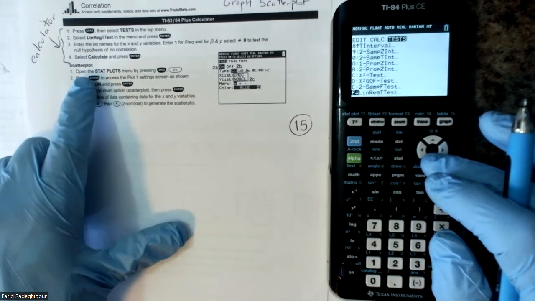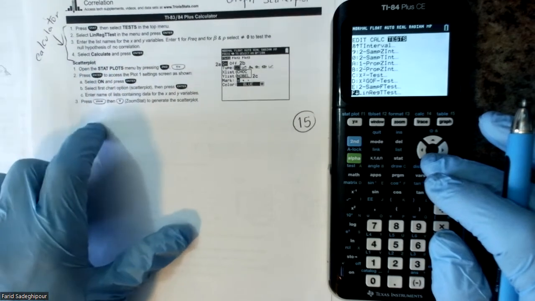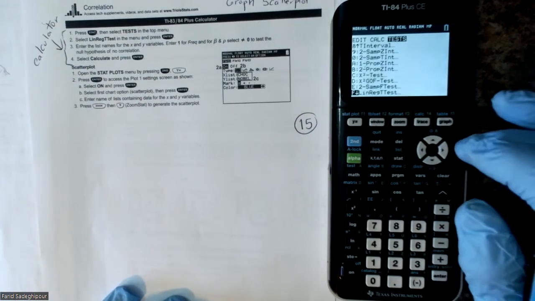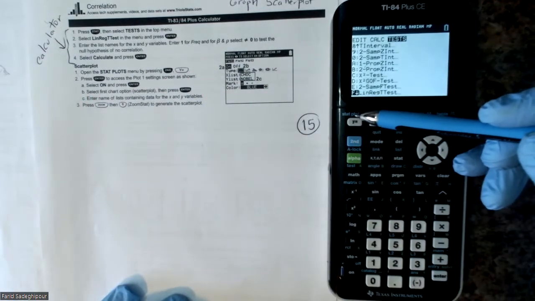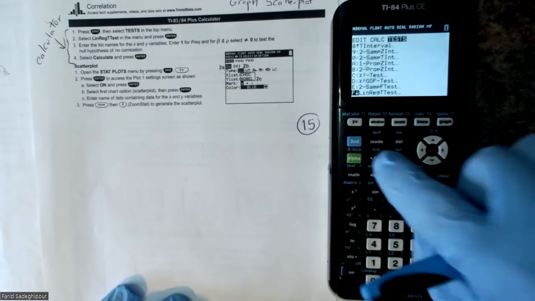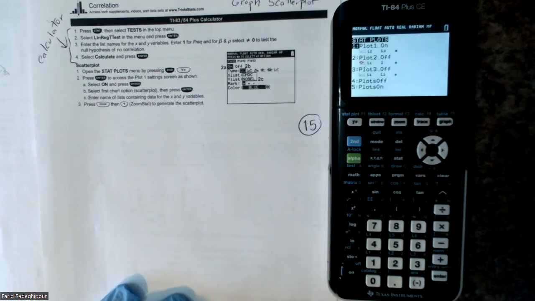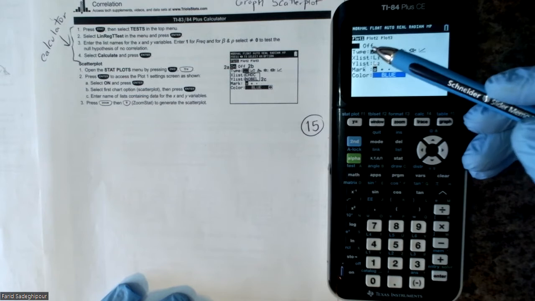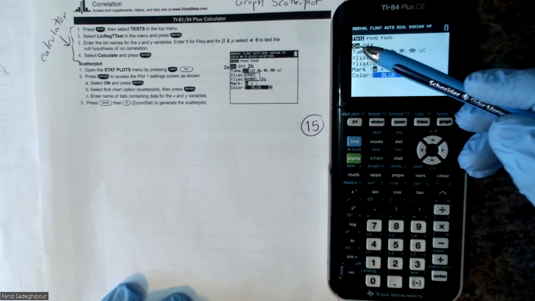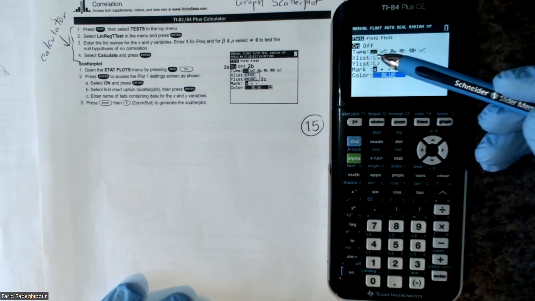Now, you want to do a scatter plot. You want to plot all these points because you already have L1 and L2. So you go to stat plots. The stat plots is this one here, the blue line. So you go second, that. You want to make sure that the first one is on. If this is off, then you have to turn it on. You move it to the left and click that. And then you pick the first one.